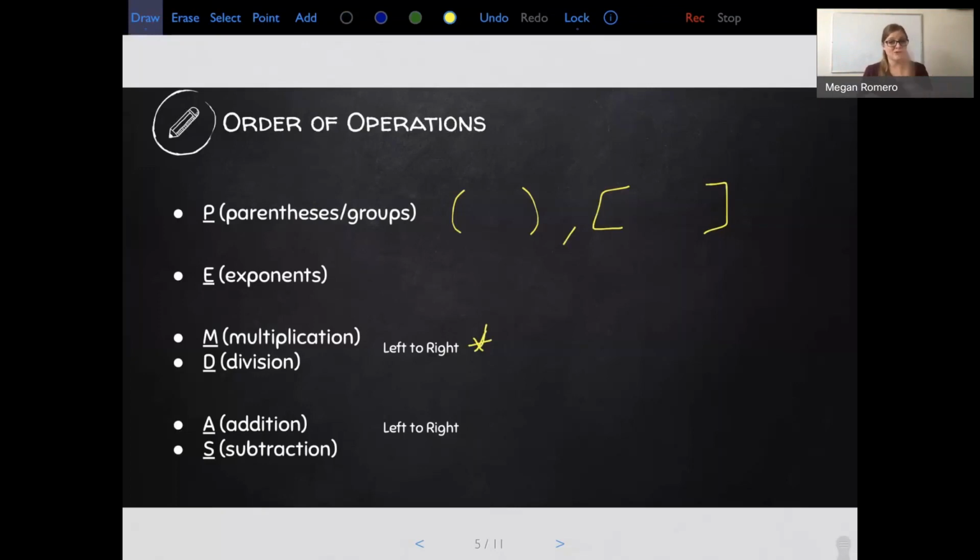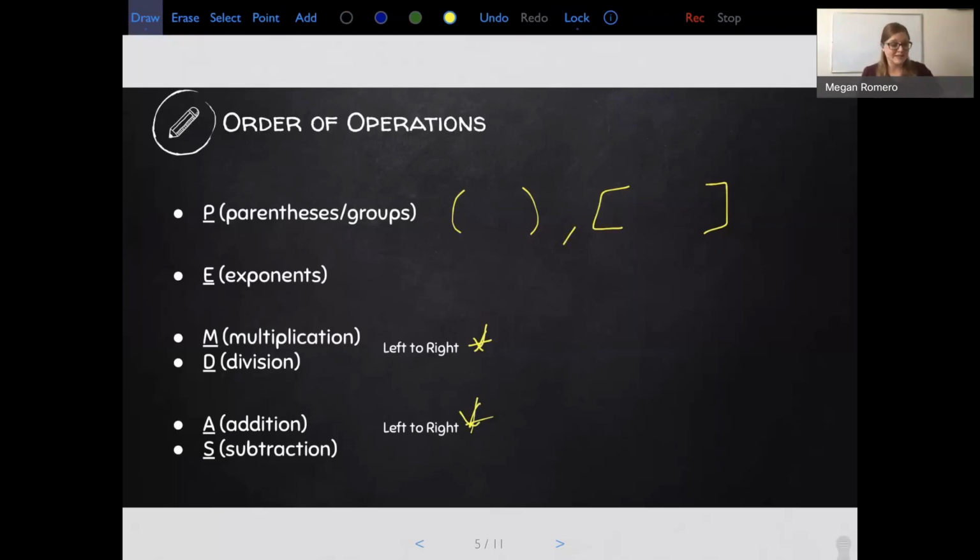You go left to right. So if division comes first going left to right before multiplication, that's what you would do. After that, you would go to addition and subtraction, and it's the same thing. When all of those previous steps have been completed and you're just left with addition and subtraction, you move your way from left to right.